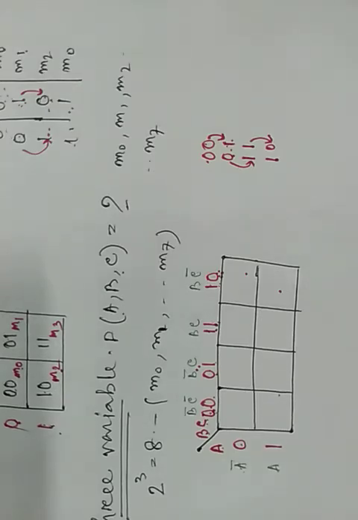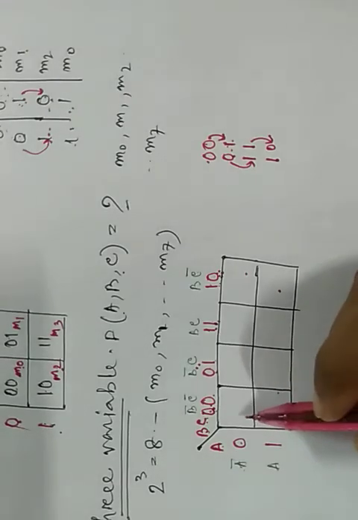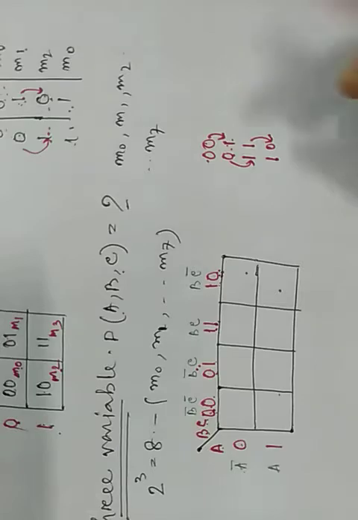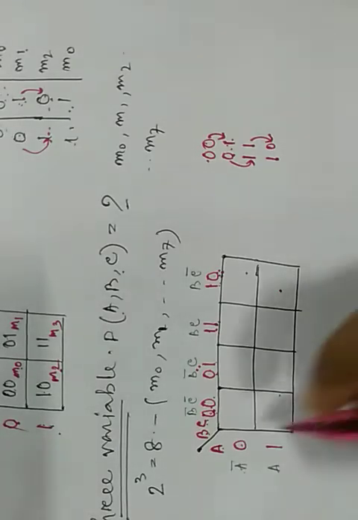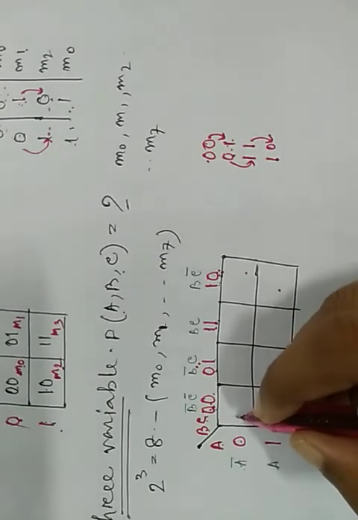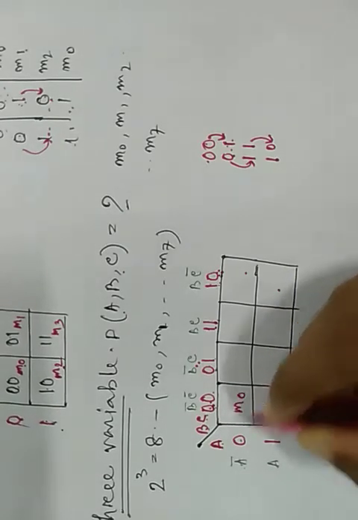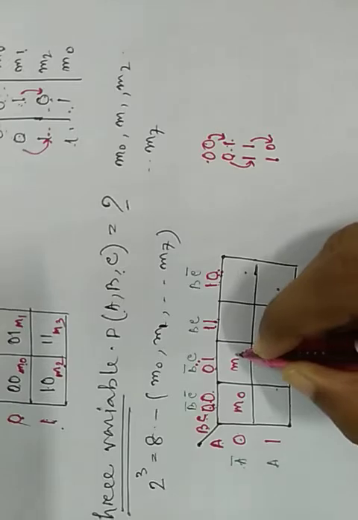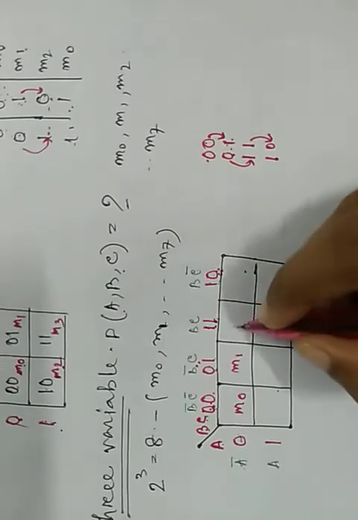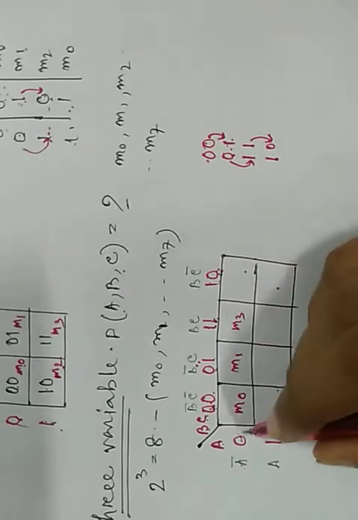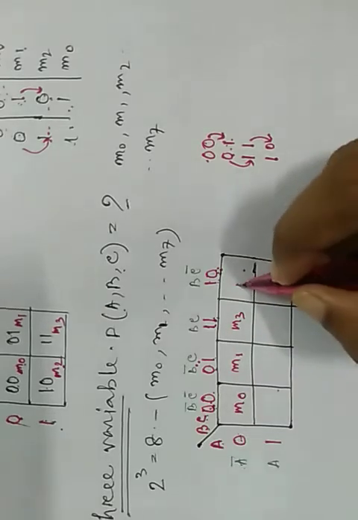Okay, now in our min term values, you can compare it with your table. The first cell is 0, 0, 0, that means it is M0. 0, 0, 1 is M1. 0, 1, 1 means M3. 0, 1, 0 means M2.